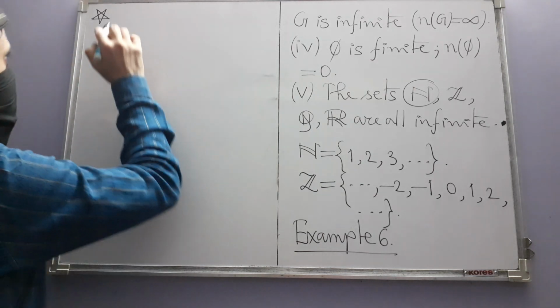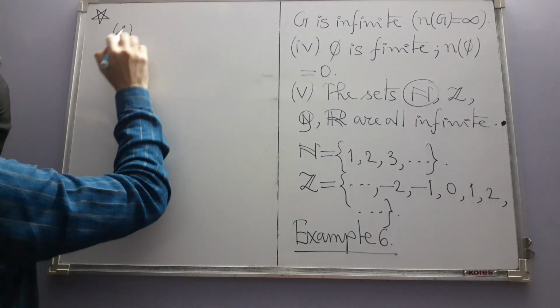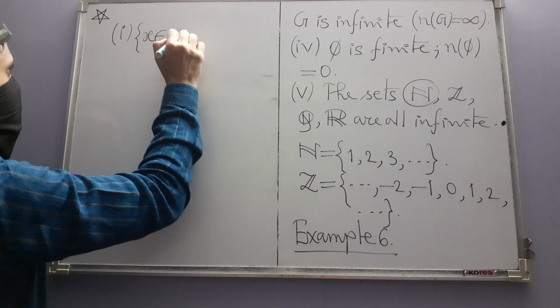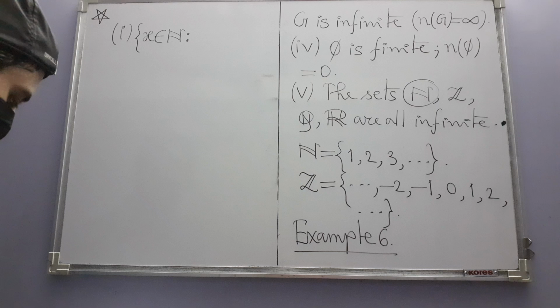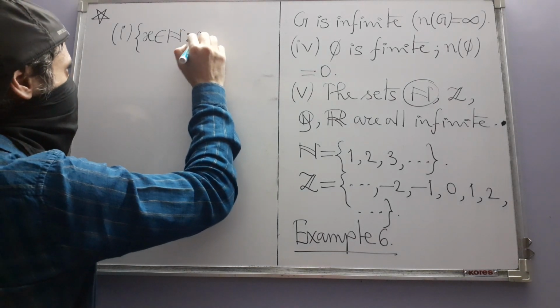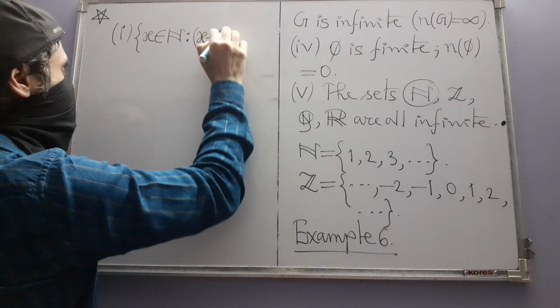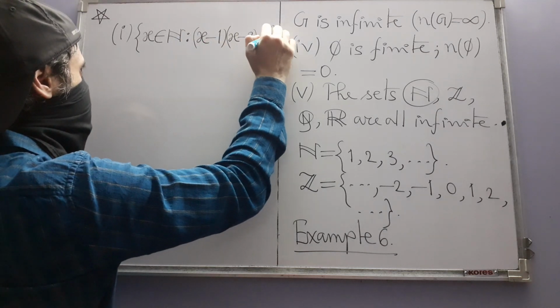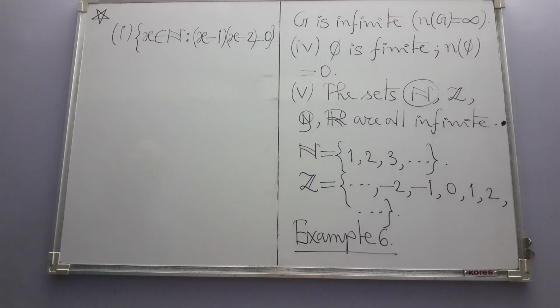And the first set is this. It is the set of all natural numbers x such that (x minus 1) times (x minus 2) is equal to 0.